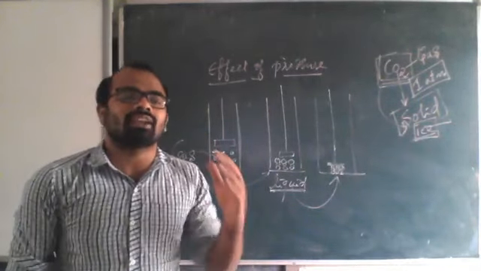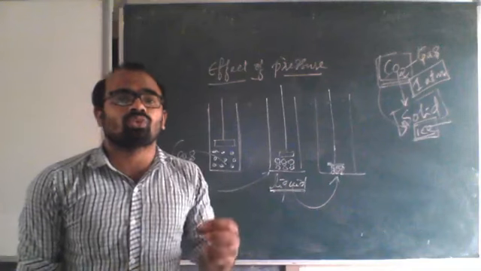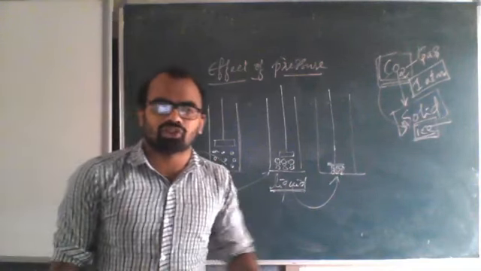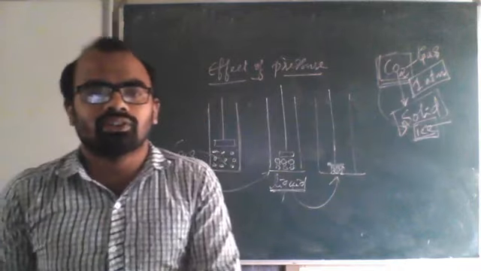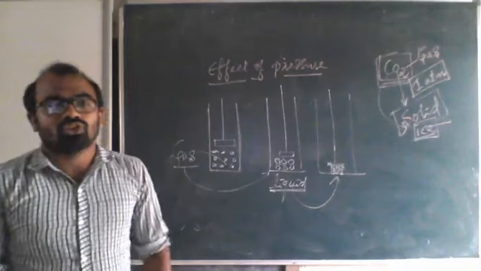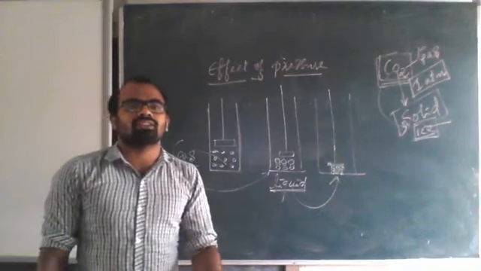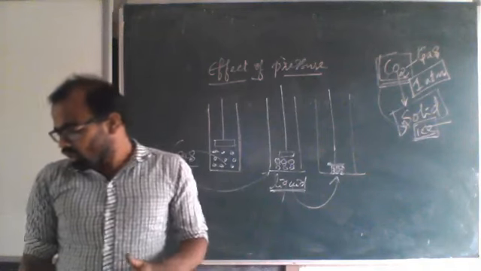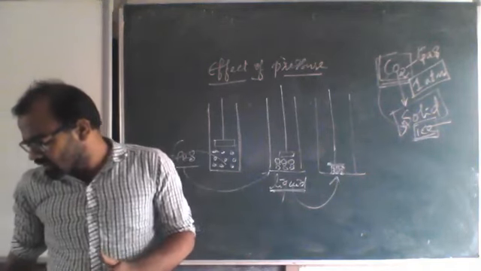When CO2 is converted from its present pressure to 1 atmospheric pressure, it converts from gaseous state to solid state. So that is why CO2 is also called solid ice. I hope you are all clear with this point. Why is CO2 called solid ice?